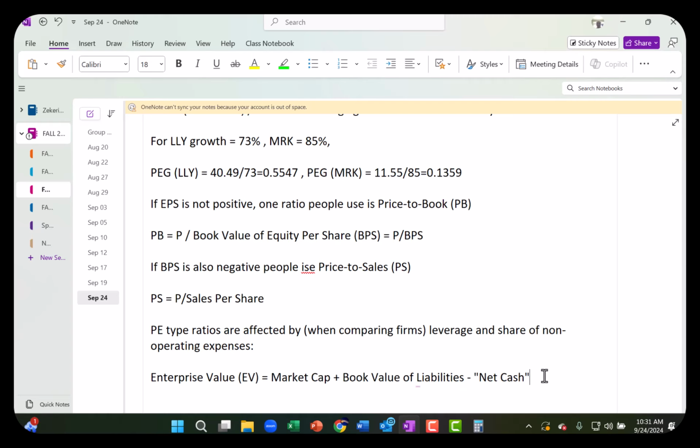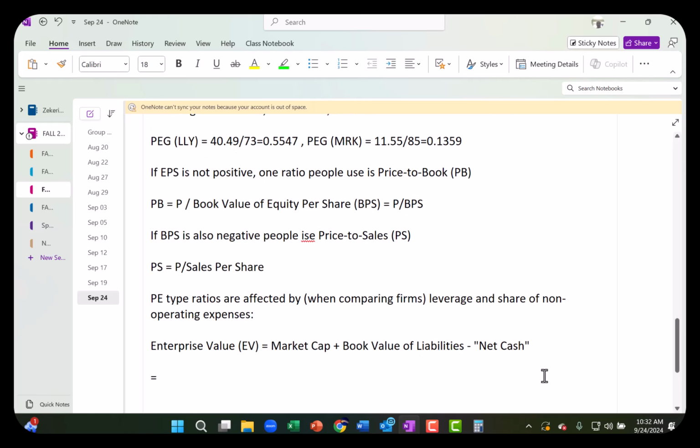So if we can assume that market cap plus book value of liabilities is an estimate of the market value of the assets. Remember, equity plus liabilities are equal to assets. Market value is a linear operator, which means market value of a sum is equal to the sum of the market values. That's what a linear operator means. So that's a good estimate of market value of, let me actually explicitly write it.